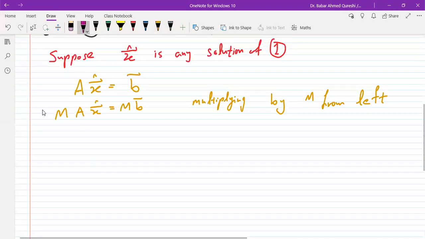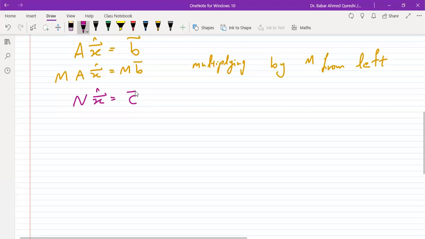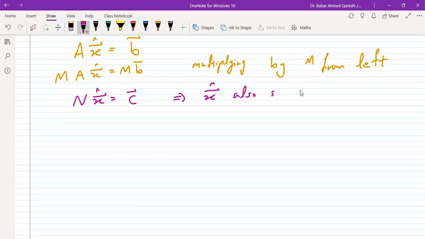So I get M times A, which was N, and M times b, which I was calling C, which implies that x hat also satisfies 3.